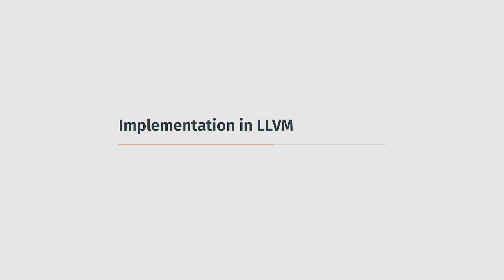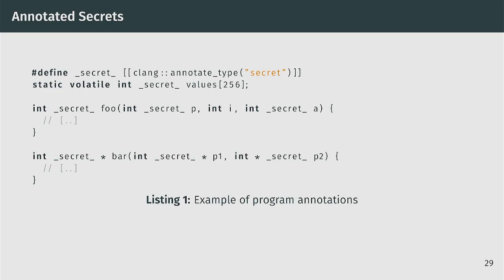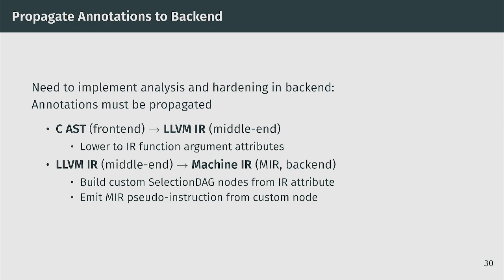Now I'll give an overview of how we've implemented this in LLVM. The first thing we implemented is the ability to mark secrets in C code with annotations using this annotate type attribute. The analysis and hardening passes need to be implemented in the backend of LLVM, so we need to propagate those annotations to the backend.